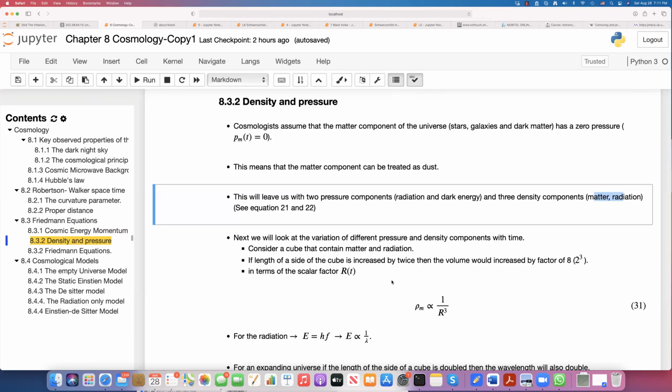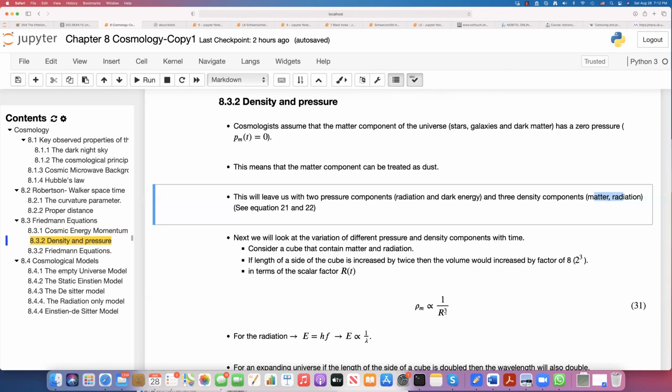Because of that, you can write that the matter density is proportional to 1 over r to the power 3, where r is the scale factor, the value of the scale factor at that particular time. So when the volume increases twice, the increase of the volume is 2 to the power 3. The matter density decreases with the scale factor, which means when you increase the size, it is inversely proportional to r to the power 3. So that's what happens to matter density.